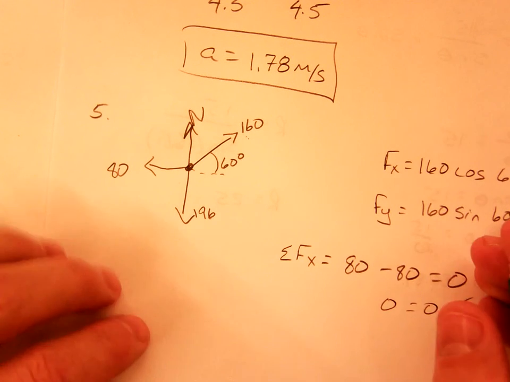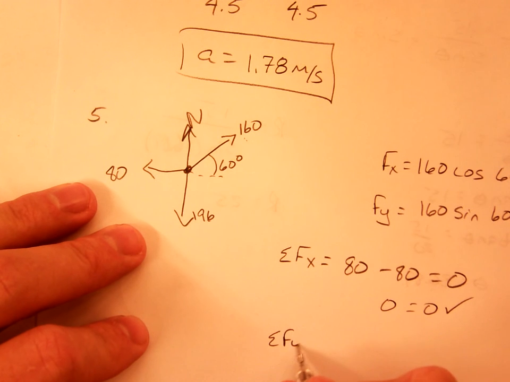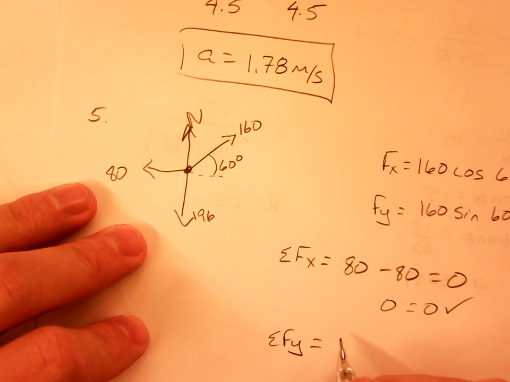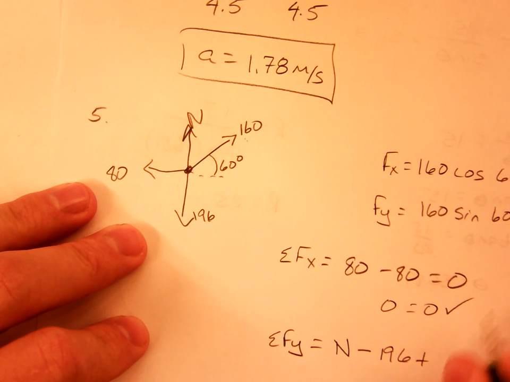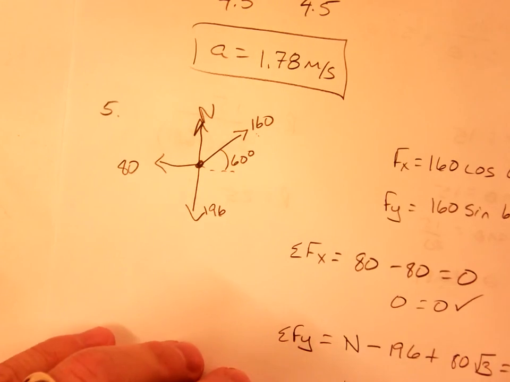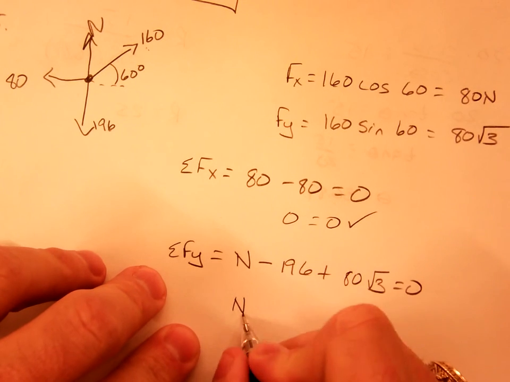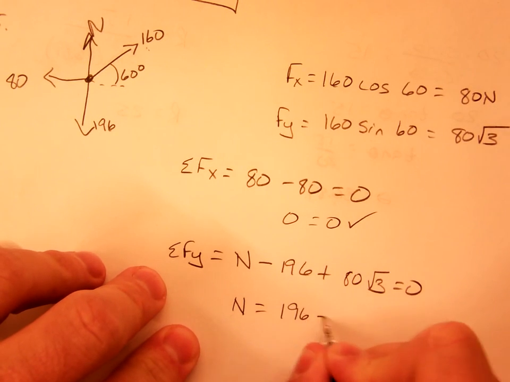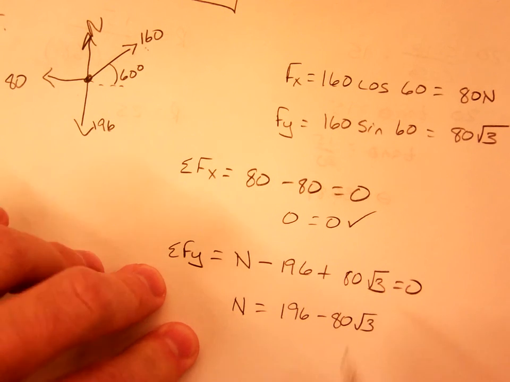Okay, the next one, sum of forces in the y, which is where our normal force is located, is the normal minus 196 plus 80 square roots of 3, and that equals 0. So, let's see. If I move all this around, I get 196 minus 80 square roots of 3, so let's see what that is.